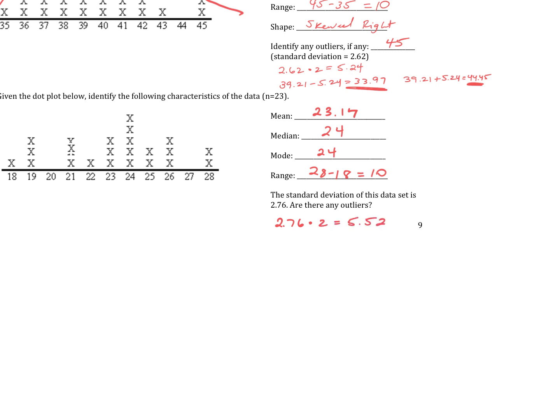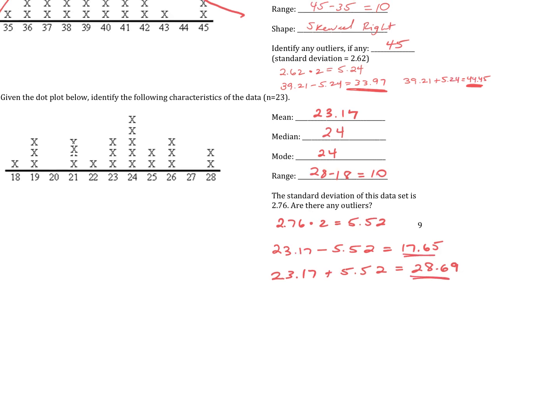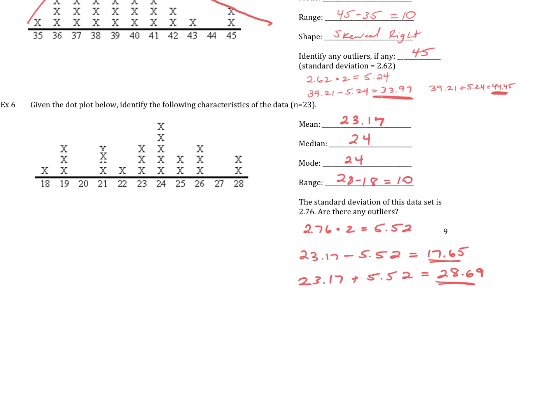I am going to again subtract and add that from the mean. 23.17 minus 5.52 is 17.65. And 23.17 plus 5.52 is 28.69. I want numbers bigger than this and smaller than this, and I can see that is not the case. So there are no outliers.